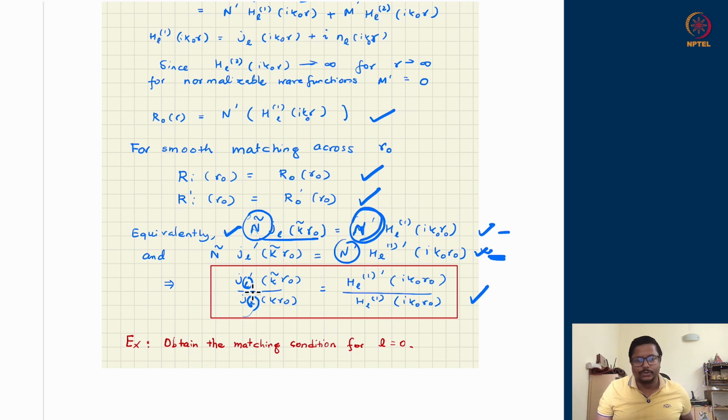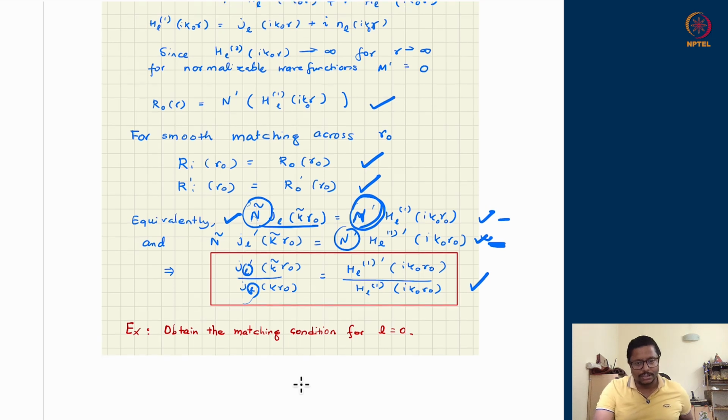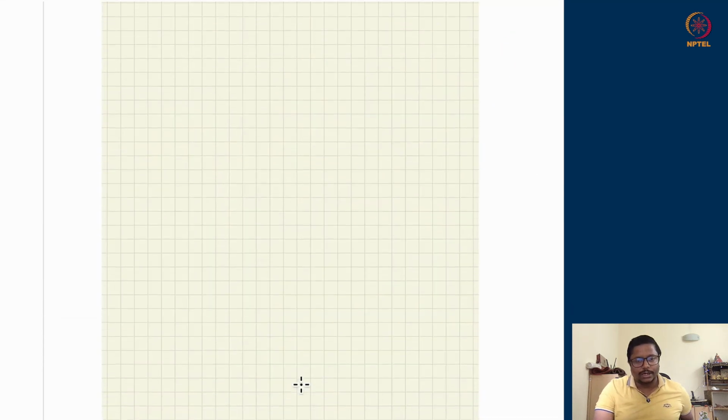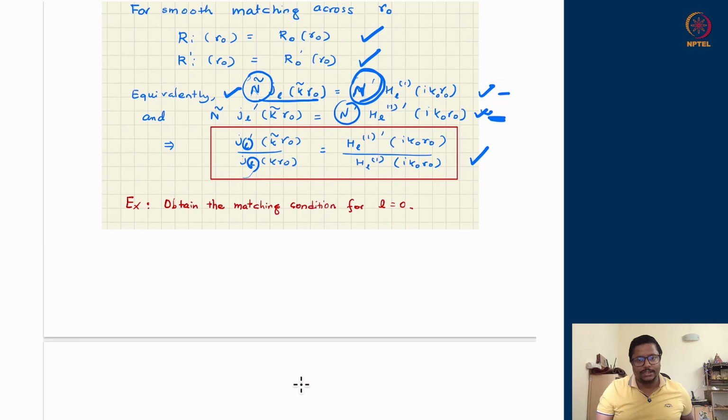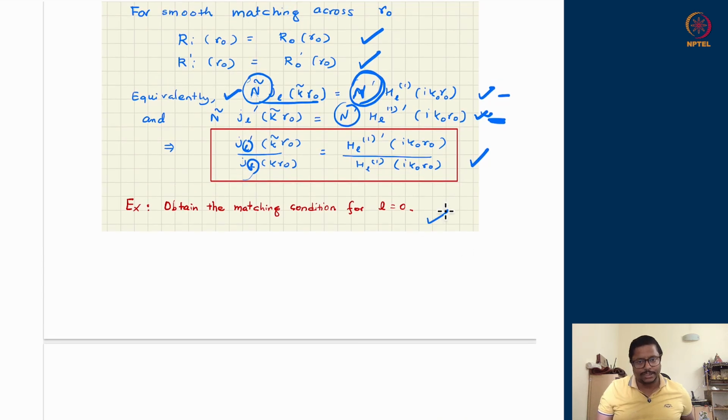So this matching condition will tell you what values k tilde is supposed to take, whether they come in integer or non-integer kind of steps. So a good exercise is to write down the matching condition for L equal to 0. Your exercise is to write down JL of kR0, write down its derivative, take the ratio and put in R0, and similarly for the other side. You will obtain a matching condition for L equal to 0, which I leave you as an exercise for this discussion session.